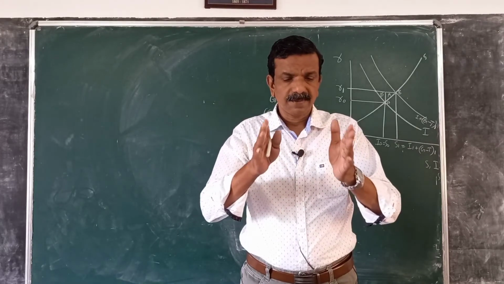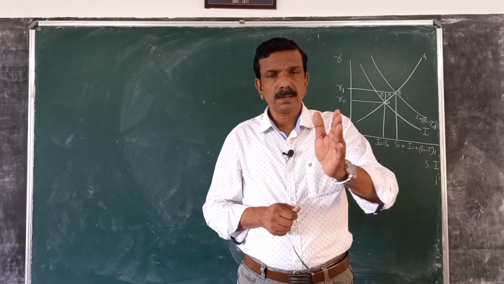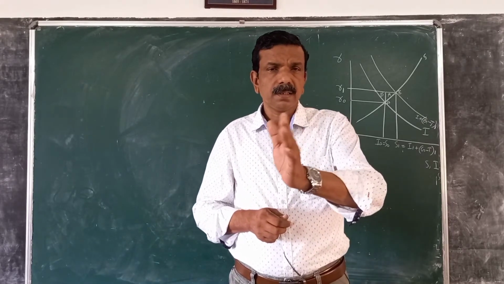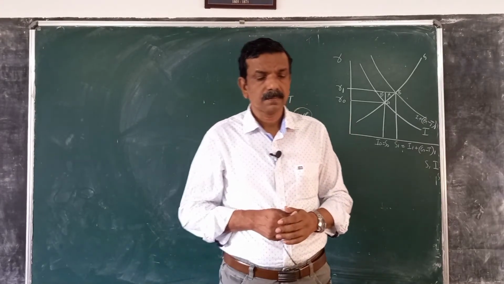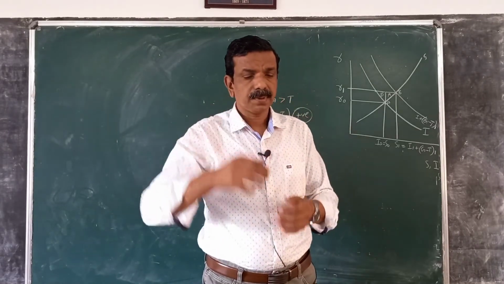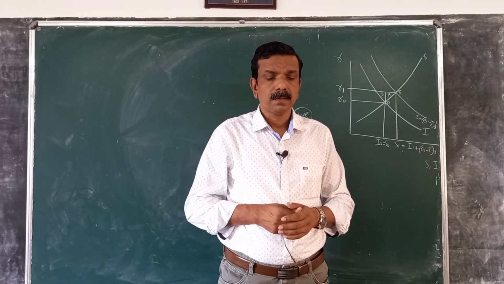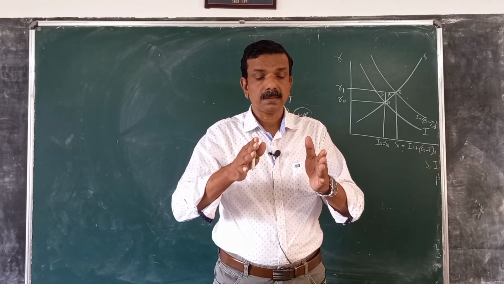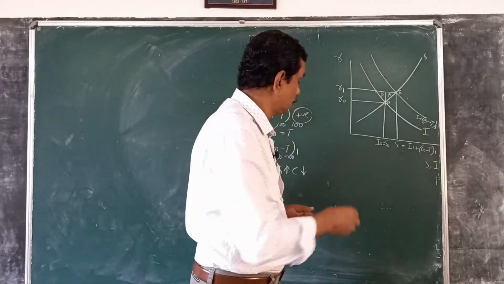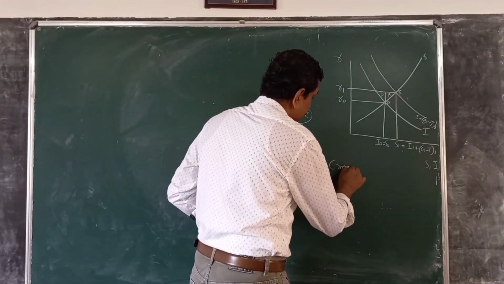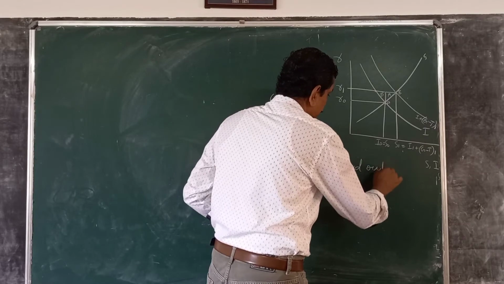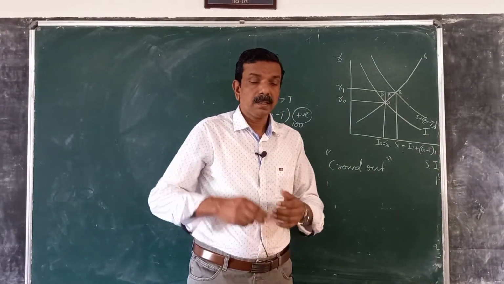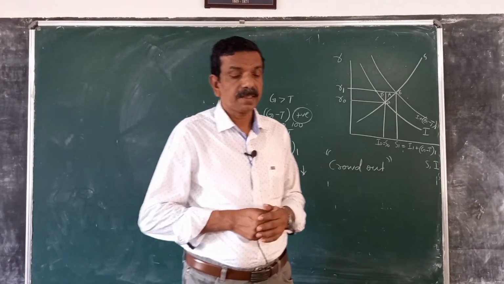So, in the form of a definition, an increase in government spending financed by selling bonds to the public pushes up interest rates by enough to crowd out an equal amount of private expenditure.